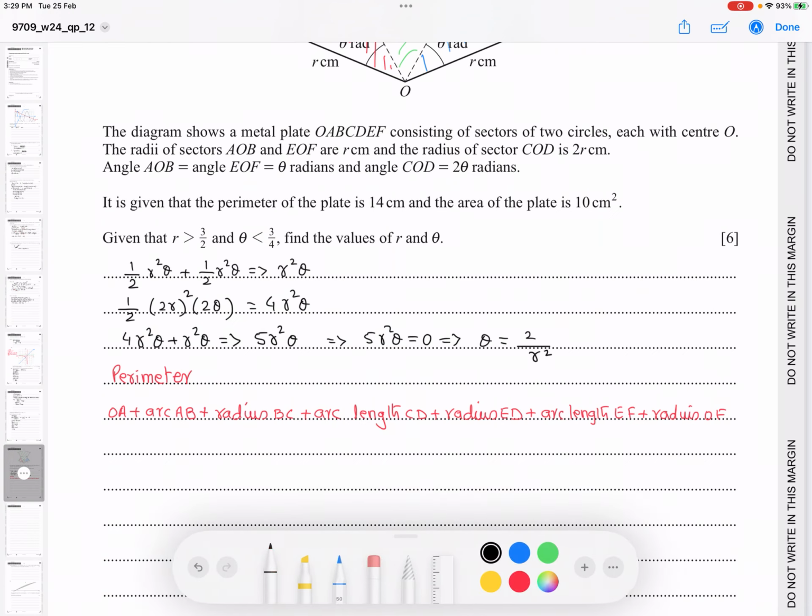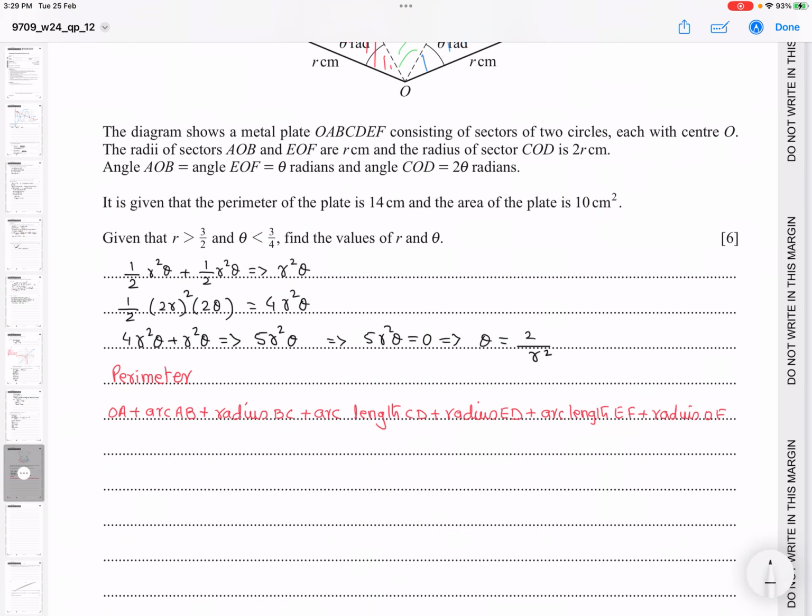Now my perimeter which is given, write it with P. My OA is my r plus my arc AB, s is equal to r theta, and it is r theta, plus my radius BC is r plus my arc length CD is 4r theta.